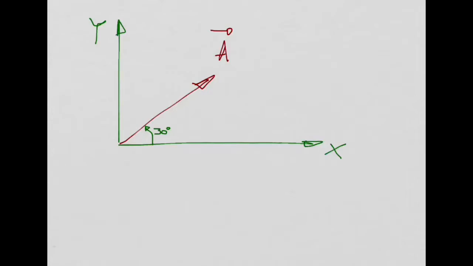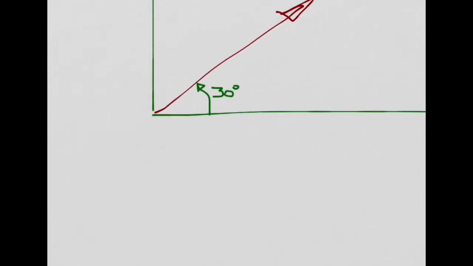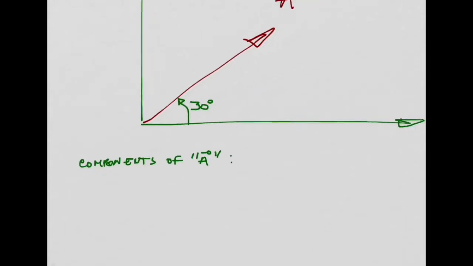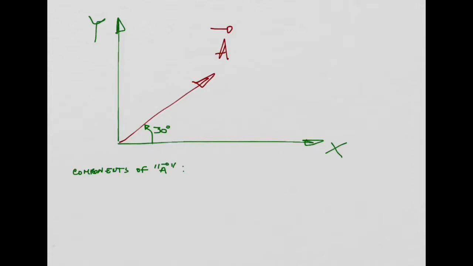I want to get the components of A. So we have to decompose this vector along the coordinate axes.